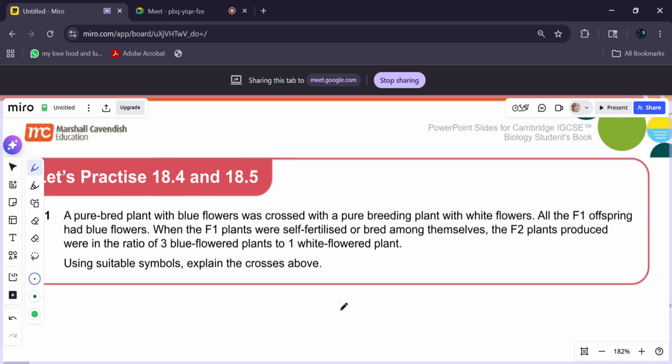A purebred plant with blue flowers was crossed with a pure-breeding plant with white flowers. All the F1 offspring had blue flowers. When the F1 plants were self-fertilized, or bred among themselves, the F2 plants produced were in a ratio of 3 blue-flowered plants to 1 white-flowered plant. Now using suitable symbols, explain the process above.